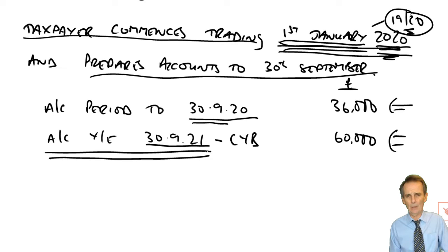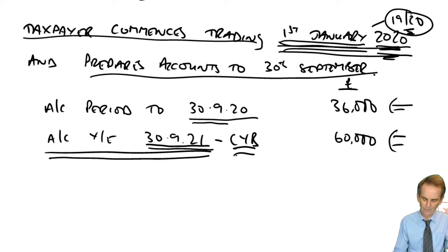If you ask yourself that question at this point in time, you will now know which is the first tax year in which CYB will be available to you. And that may avert you making another silly mistake as you move through from the first tax year onwards. So, 30th of September 21.